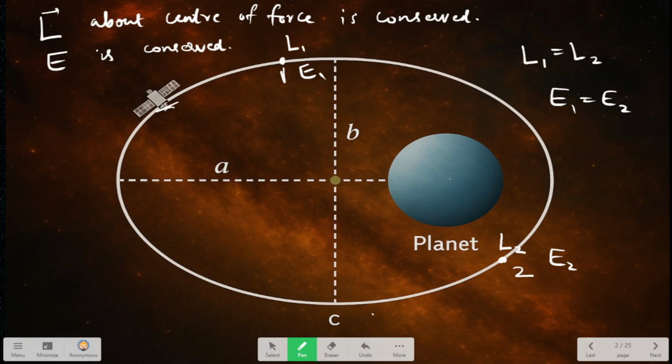So instead of considering any 2 points, we consider the farthest point, which is also called aphelion, and the nearest point to the planet, which is called perihelion.